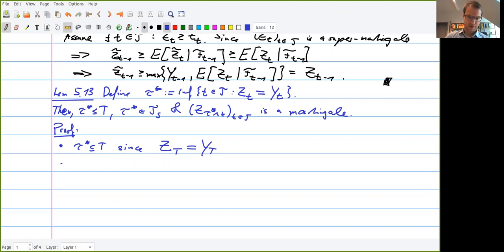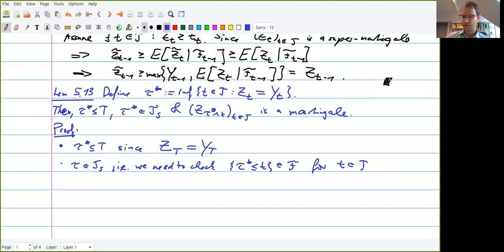Now we need to verify that this is indeed a stopping time. What's the definition of a stopping time? We need to check that if we consider the event that tau star is less or equal than t, this is supposed to be F_t measurable for all t in our index set.